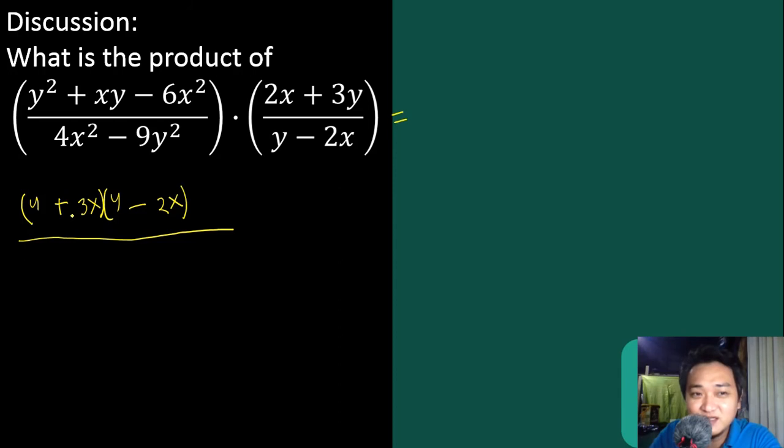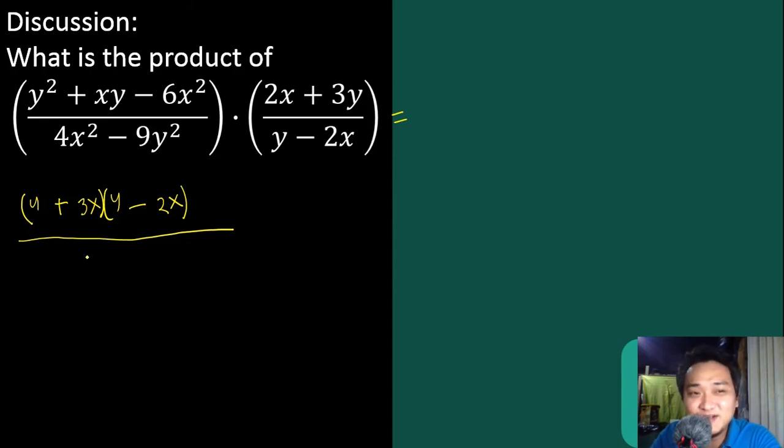So the product 3x times y is 3xy. The outside term will be negative 2xy. So 3xy minus 2xy is 1xy or xy. So tama yung middle term natin. It jives to our inside and outside terms. So therefore, yung factors natin tama.